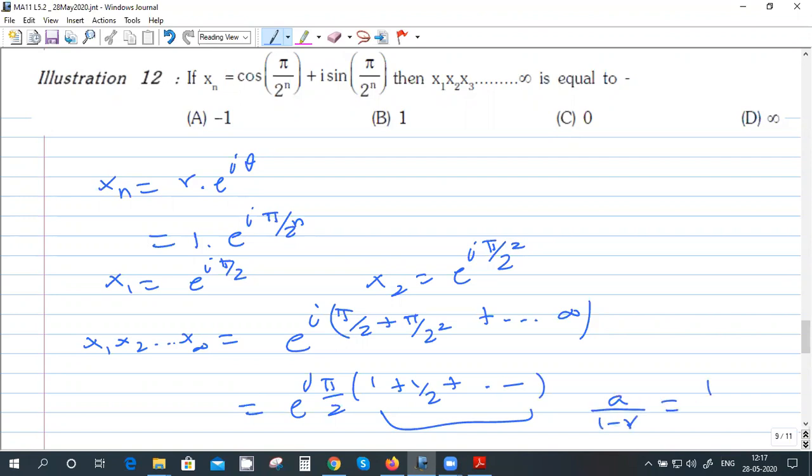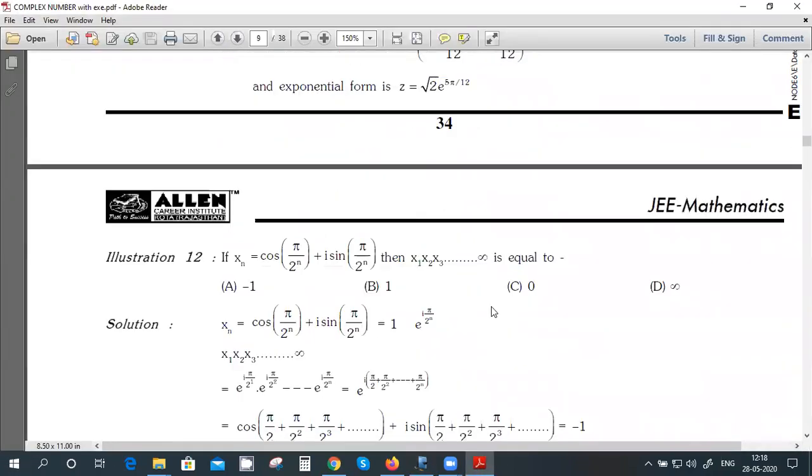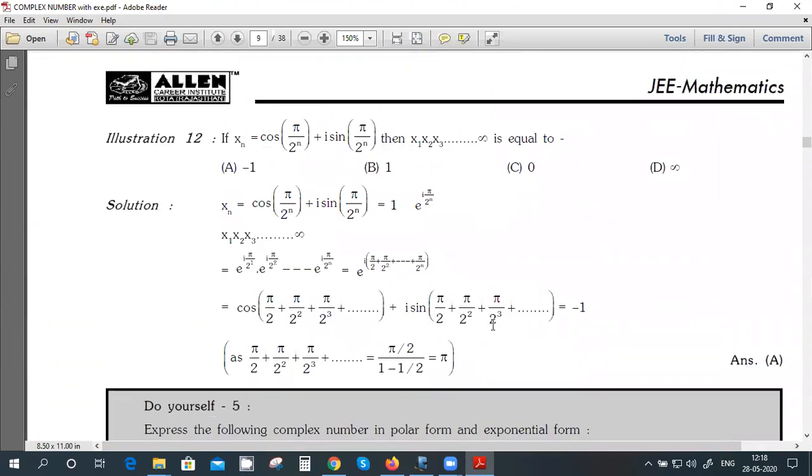The first term is 1 and r, the common ratio, is half, so this is 2. So this becomes e raised to the power i pi, which in terms of complex numbers is minus 1. Answer is A.